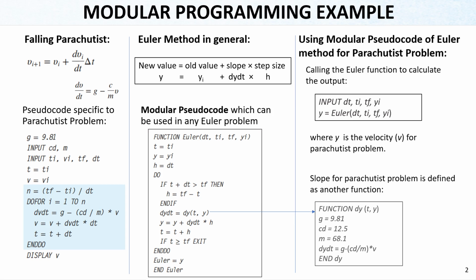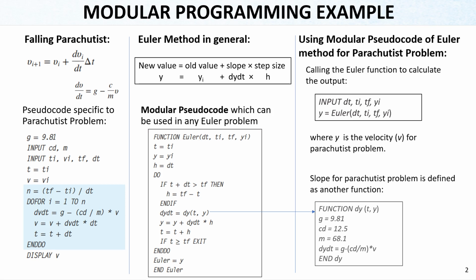So let's first remember the pseudocode specific to the parachutist problem. We defined this before, and you can see that we have our inputs for the parachutist problem, and then we have the calculation of dv/dt and calculation of v in this pseudocode. But instead of this, we can say that actually this equation is an Euler method.